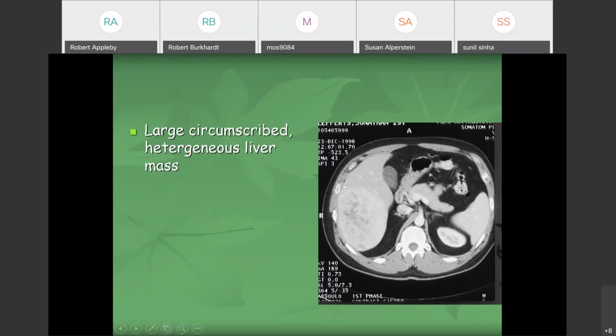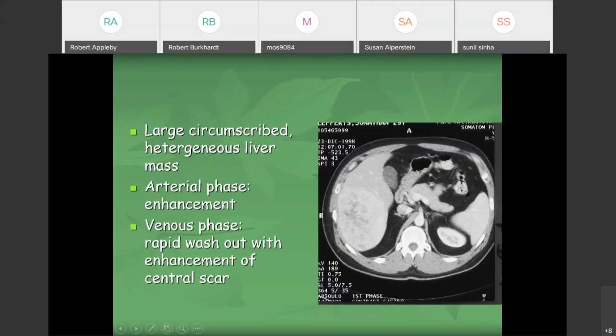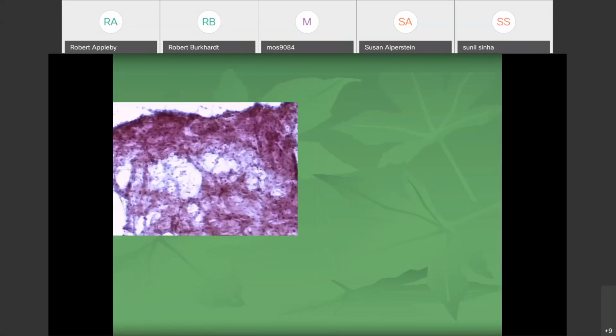This liver nodule on CT is circumscribed, heterogeneous. And in arterial phase enhancement, venous phase rapid washout with the enhancement of central scar. Those are the radiology proof for this lesion.